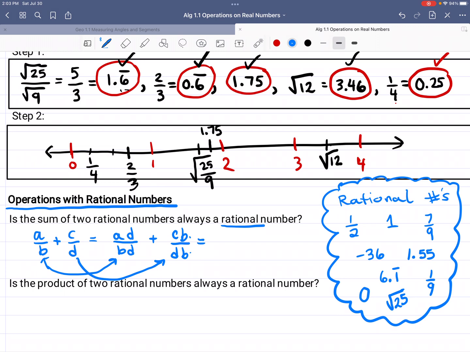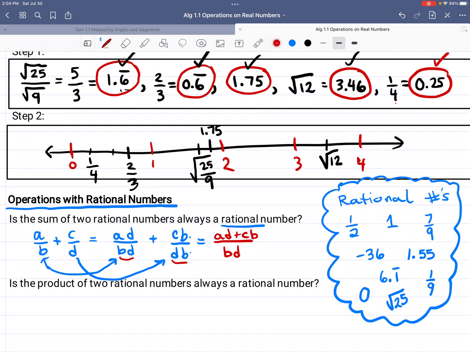That equals, on the denominator, you can see that this denominator here and this denominator here are both made up of B and D. So we can just change the order so that it's BD. And on the top, the numerator, we have AD plus CB. So our answer is a fraction, which means it's rational.